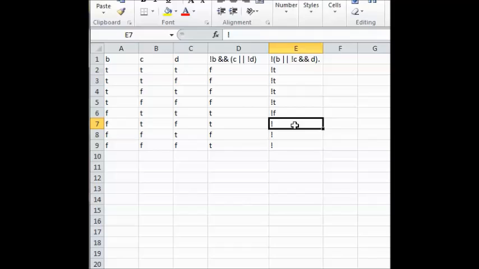Okay, is not C true? No, that's false. So this is false. Okay, so not C is true and D is true, so this would be true.